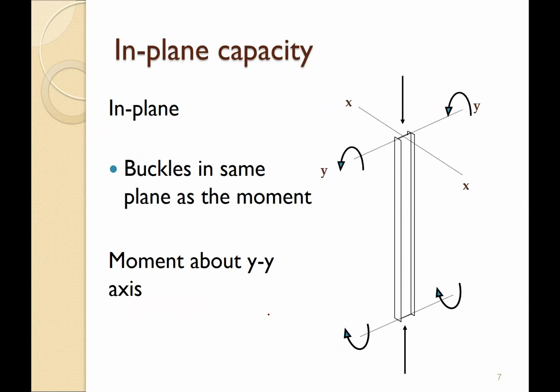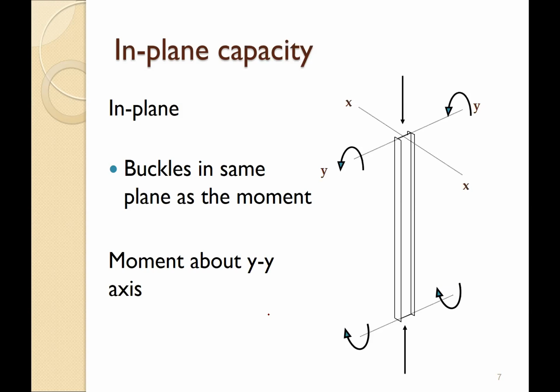In this case, imagine there is some resistance for the member not to buckle in the out-of-plane. So both buckling and bending will occur in the same plane.